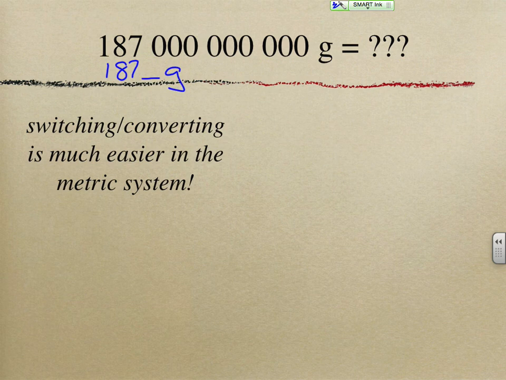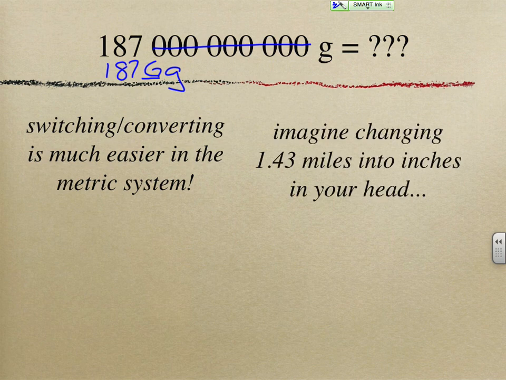Big G. Big G stands for 9 zeros. So I can get rid of the 9 zeros and replace it with a big G. Is that a whole lot shorter to write? Is that even easier than scientific notation? Yes. That's why engineers like it, because it's easier than nerds. You like that? Anyway, so that's good. But if we're going to switch in the metric system, we got it made.